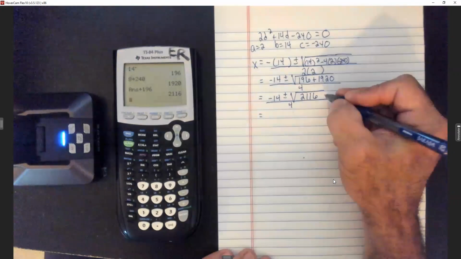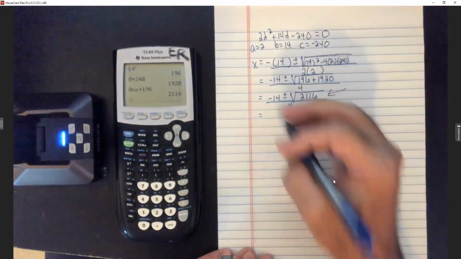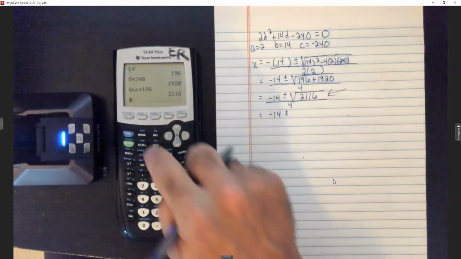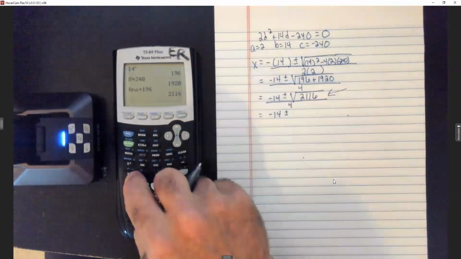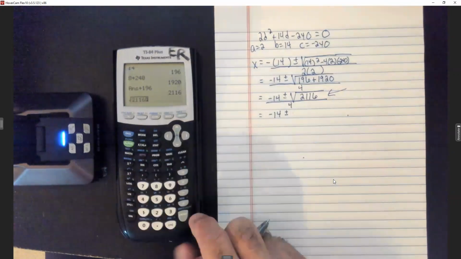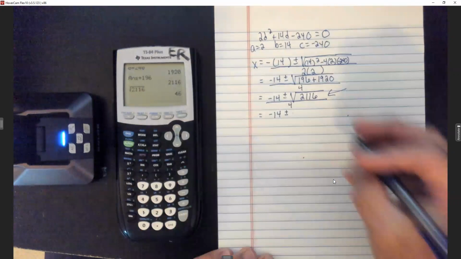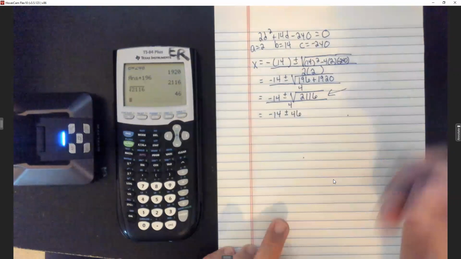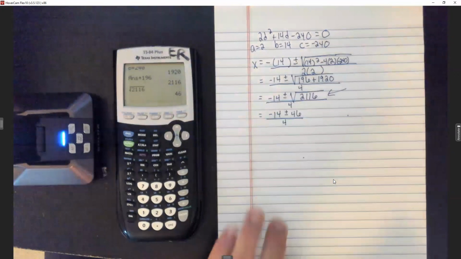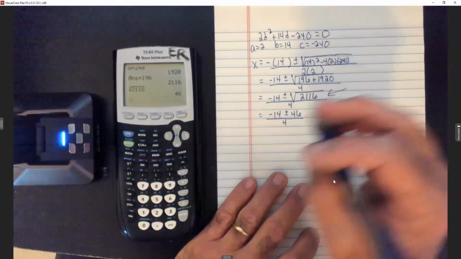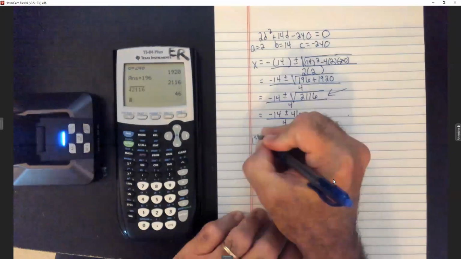All right, y'all, now it is time to take the square root of that 2116. So I have negative 14 plus or minus the square root of 2116, and that comes out as 46. Since I took the square root, I no longer have the radical, and all that's over 4. So I'm going to get my first answer and my second answer.